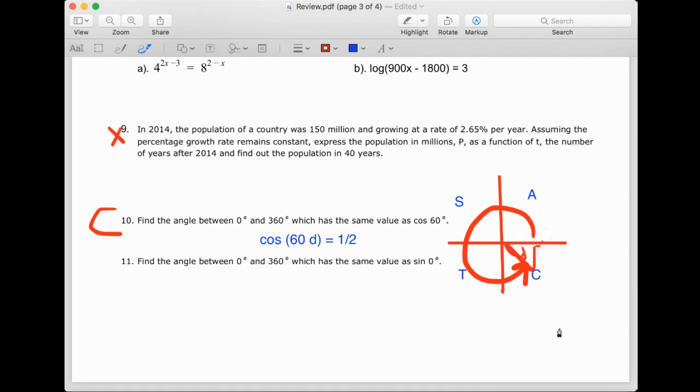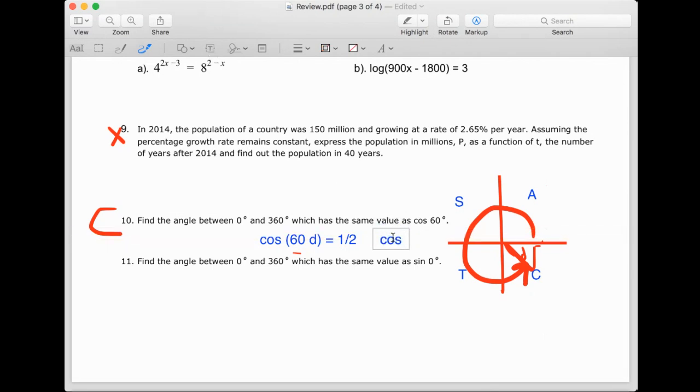No, I don't understand which angle this is. Is cosine 60 the answer? Cosine 60, this is a reference angle, right? Cosine 60 equals half, but we want to find another angle whose cosine also equals half.